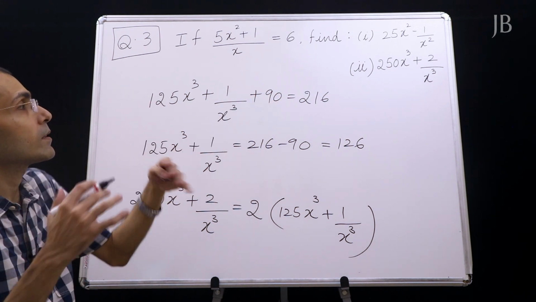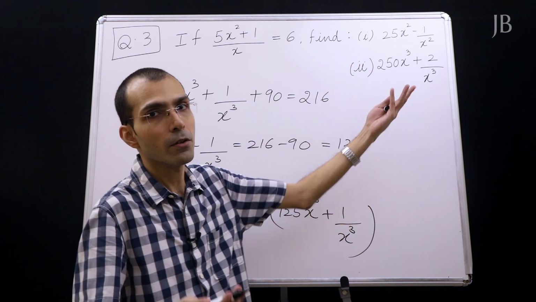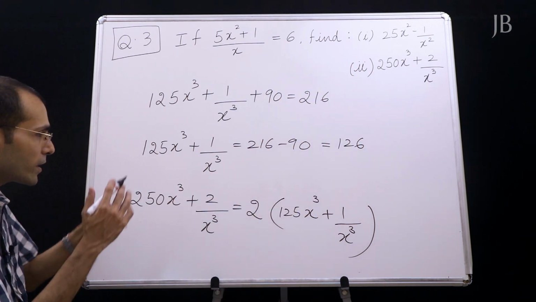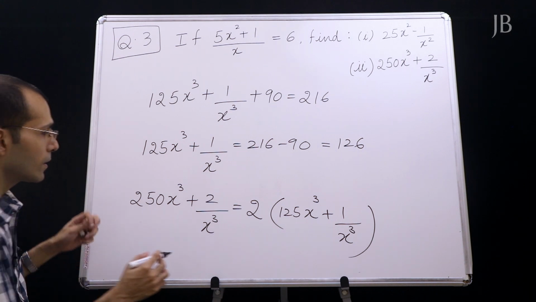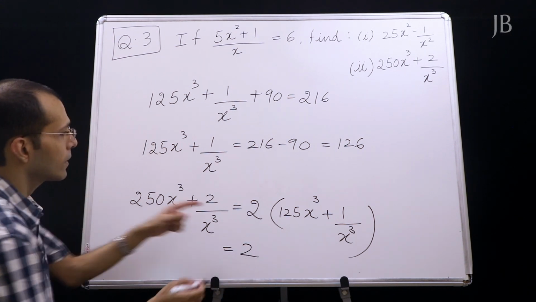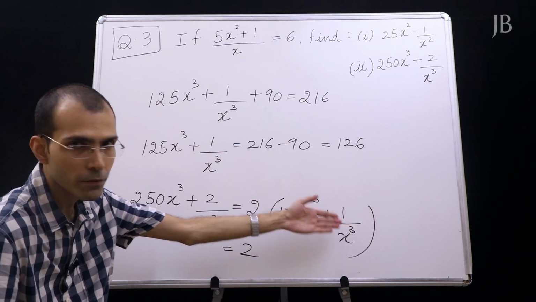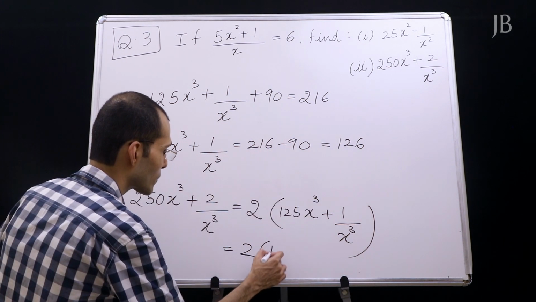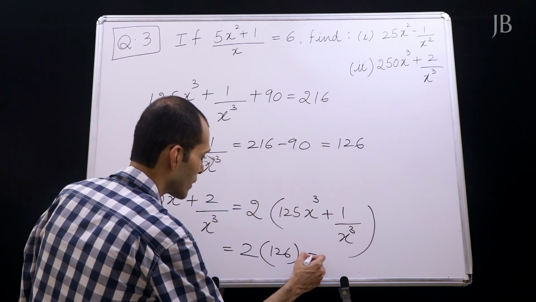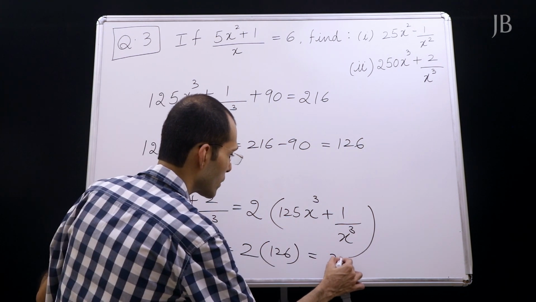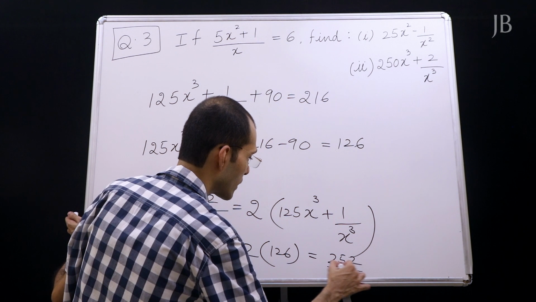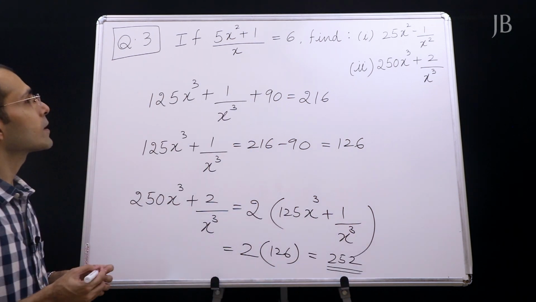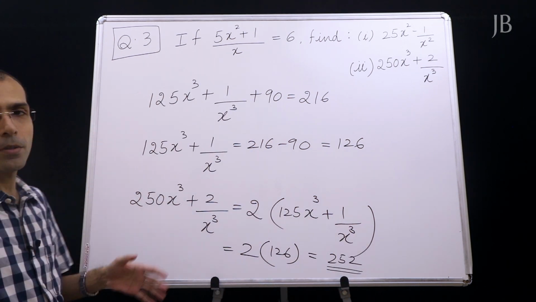If I cube in such a way that you get 250, it's not a perfect cube. So we thought of factorizing it. This is 2 into 125x cube plus 1 upon x cube, which we just found to be 126. So 2 into 126 comes to 252.